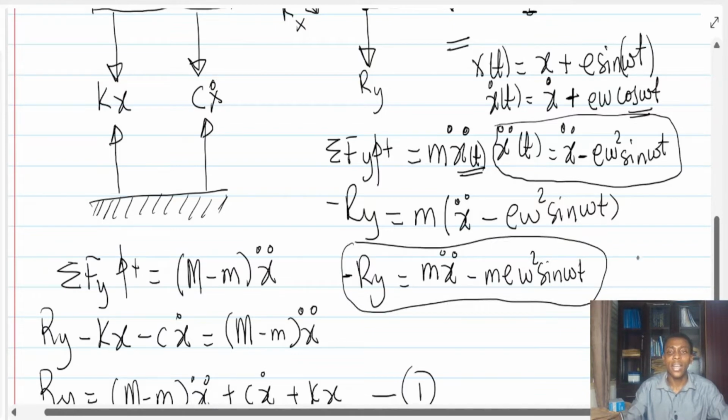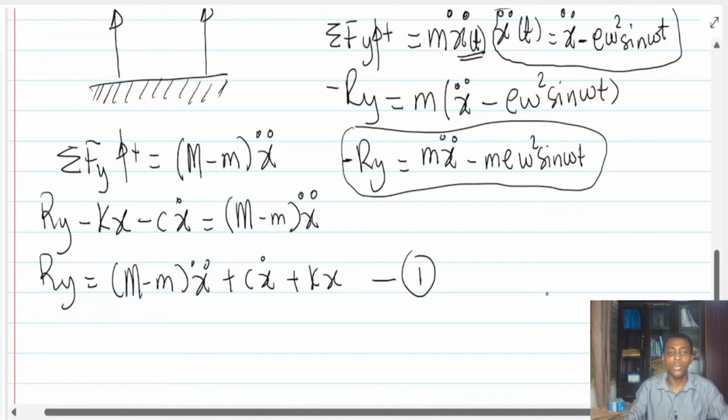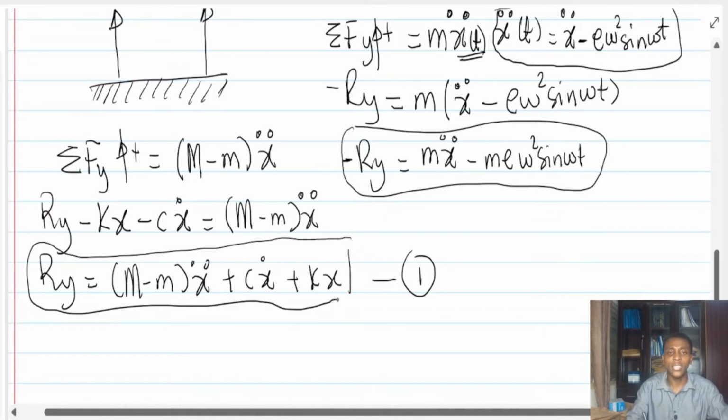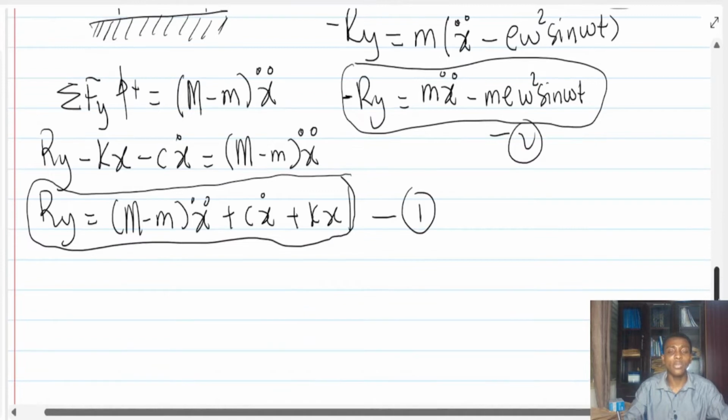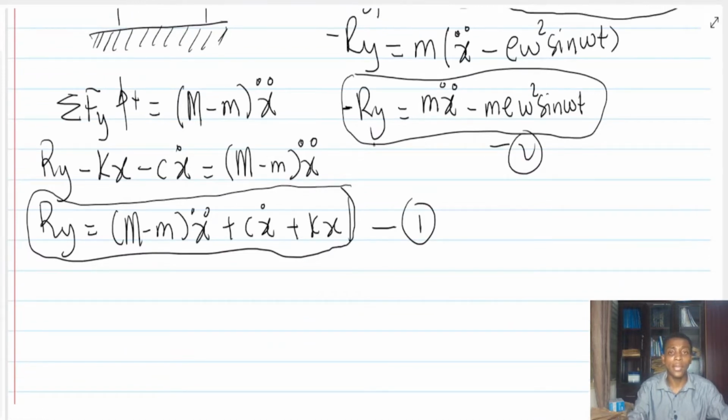All right. Having gotten this ry, what did we say? We initially said that ry is this. If this is equation 2, then we can equate them, right? Because this is ry, this is also ry.